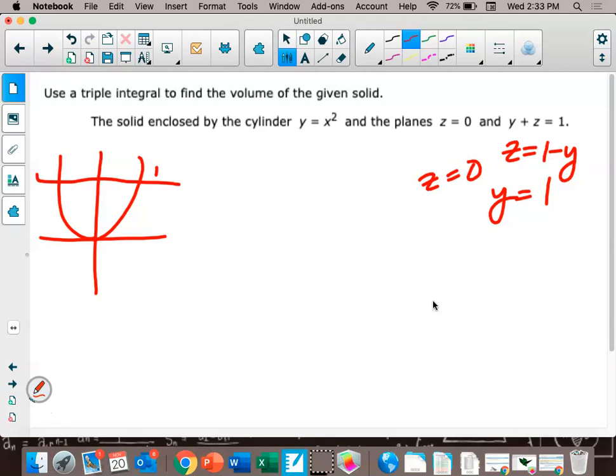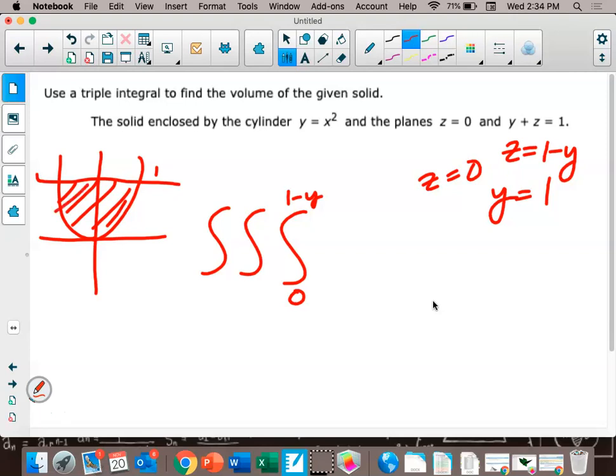So we're finding volume and they want triple integrals, and this was with no polar, right? So your z will go from 0 to the plane, 1 minus y. Your y's, just doing a top minus bottom. Remember, this is our region. So your y's are going to go from x squared to 1, because you go low to high.